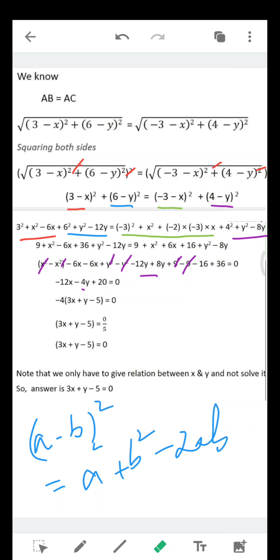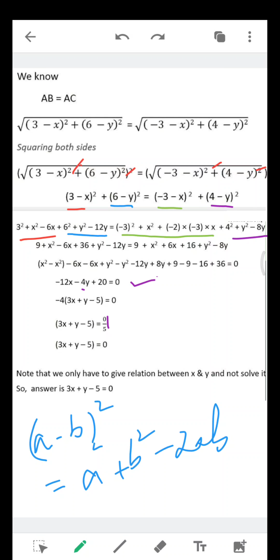I'll erase this so that you do not get confused while cancelling. Okay, so after cancelling and subtraction we get this step. Then what can I take common in this? I can take 4 common, so remains 3x plus y minus 5, and 4 goes in the denominator here.